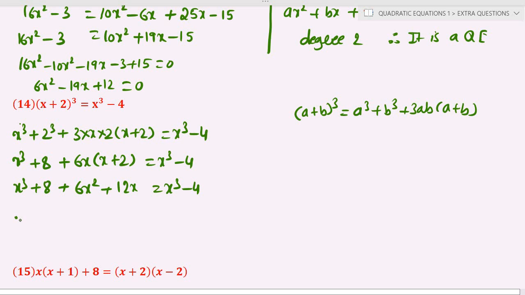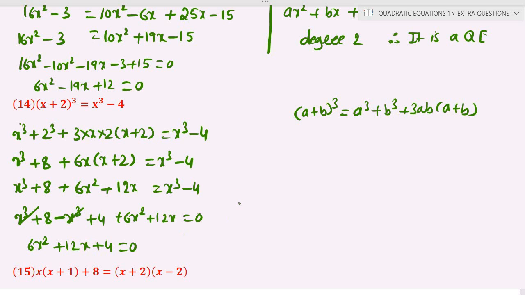Everything you take to the left hand side. X cube plus 8 minus x cube plus 4, and this is 6x square plus 12x is equal to 0. X cube minus x cube gets cancelled. What happens? 6x square plus 12x, and this is plus 4, which is equal to 0.